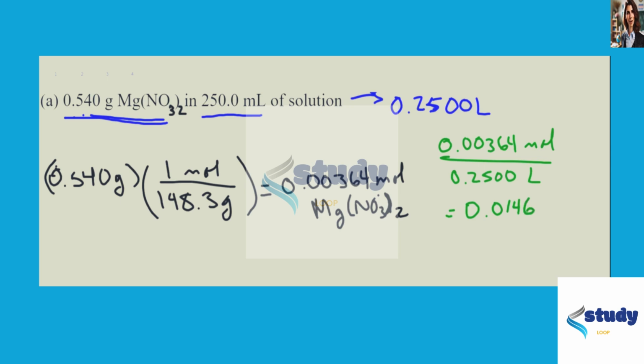And we can write moles over liters as molar. So our units are molar. We can also write this in scientific notation as 1.46 times 10 to the negative 2 molar. And that's the concentration of magnesium nitrate.